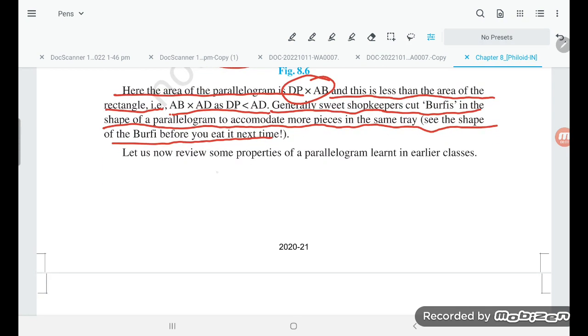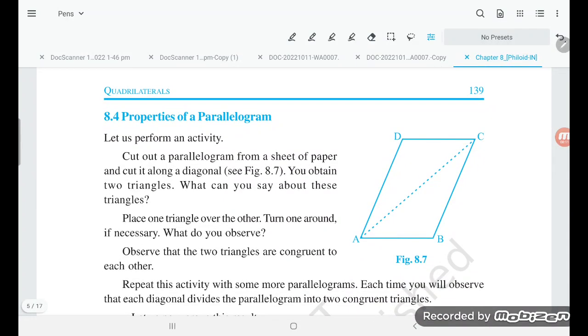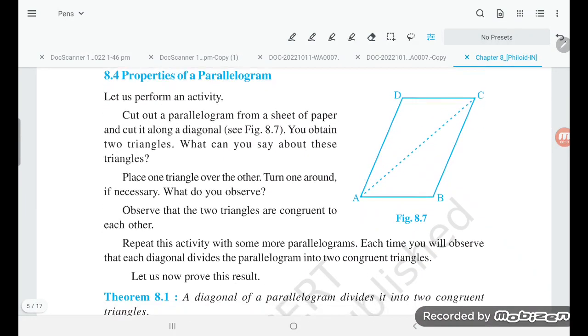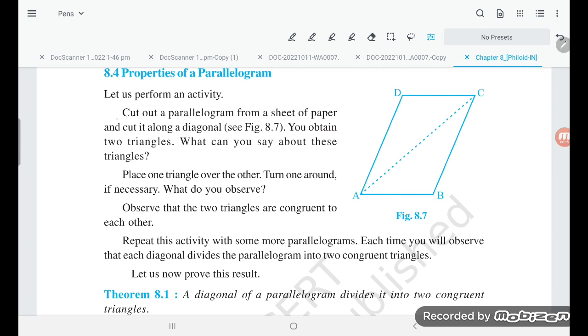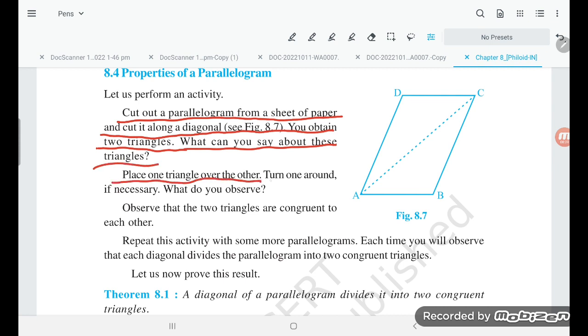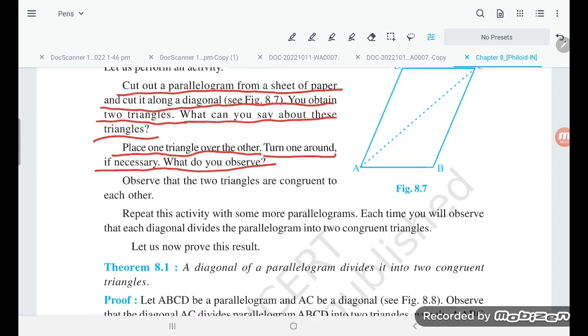Let us now review some properties of parallelogram learnt in earlier classes. Properties of parallelogram. Cut out a parallelogram from a sheet of paper and cut it along the diagonal. You obtain two triangles. What can you say about these triangles? Place one triangle over the other. Turn one around if necessary. What do you observe?